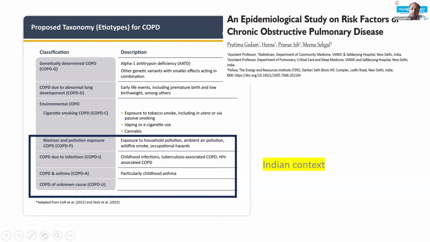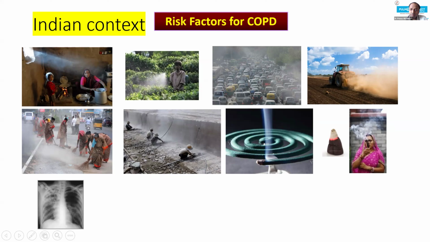Some occupations will always be at risk, coal mining, stone cutting, but ambient air pollution is something which we ignore. The pollution not only comes from the kitchen or the work, but from agriculture, vehicles, construction sites, even some religious activities, and of course, all those risk factors like old tuberculosis. So these are probably the more important risk factors in the Indian context.